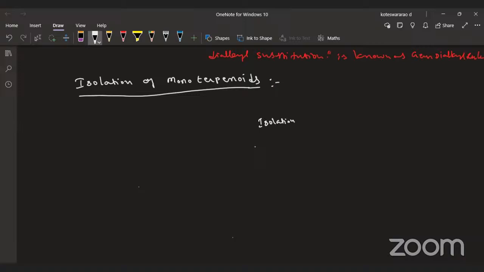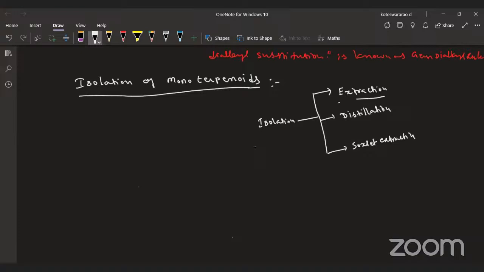Isolation can be carried out by the extraction method, steam distillation or distillation method, or solvent extraction the normal way, or in the form of Soxhlet extraction.